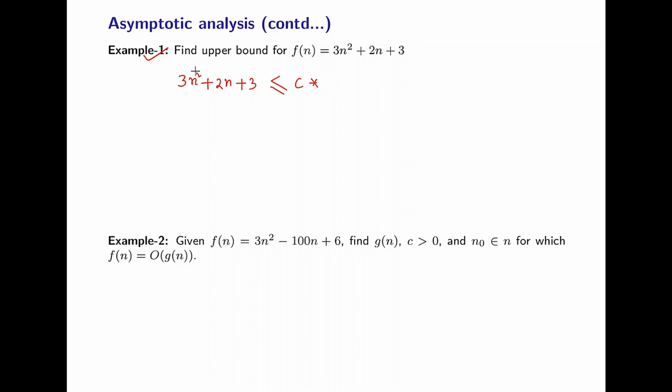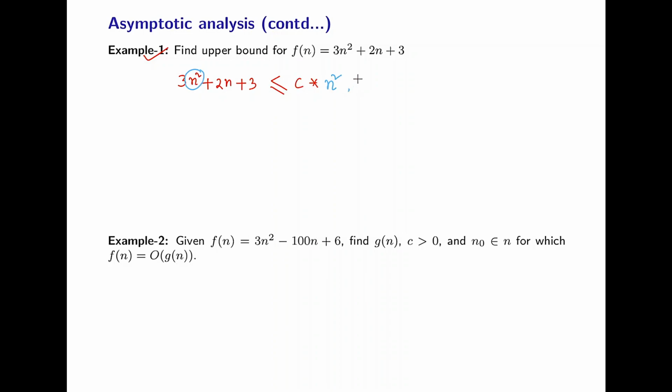So let's say the highest power of Fn, this is n square, the highest order term. So let's say I am writing the value of Gn here. In place of Gn I am writing n square.